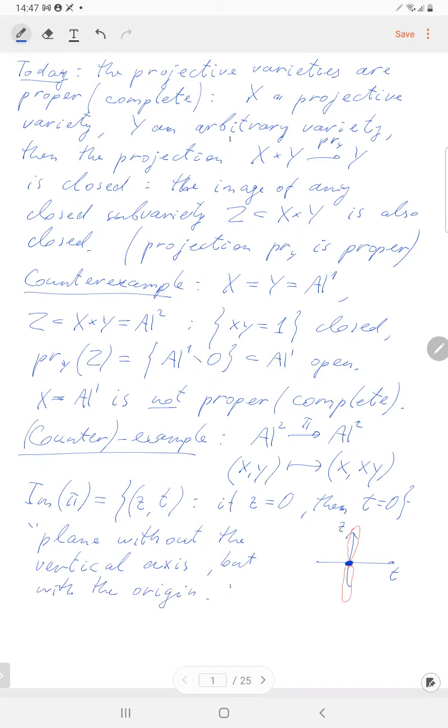So it's neither closed nor open, and not even locally closed.